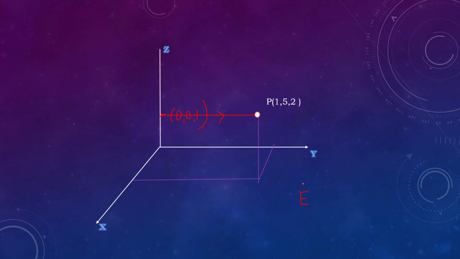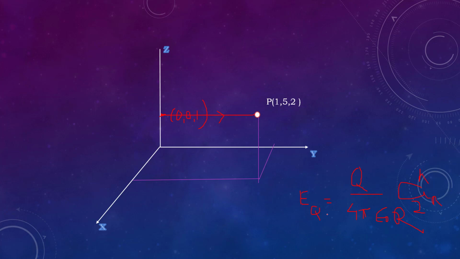We will indicate that intensity as EQ, and we are going to find it by using the equation Q divided by 4 pi epsilon naught R square into AR cap.